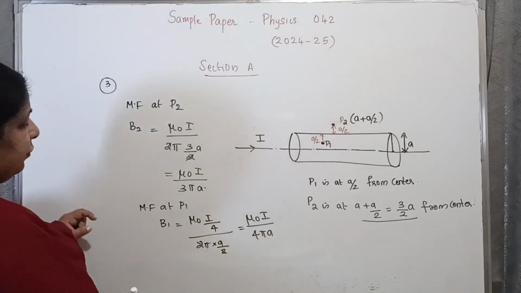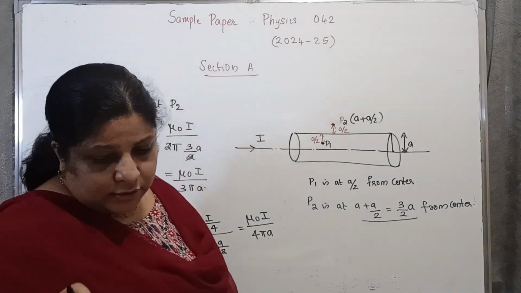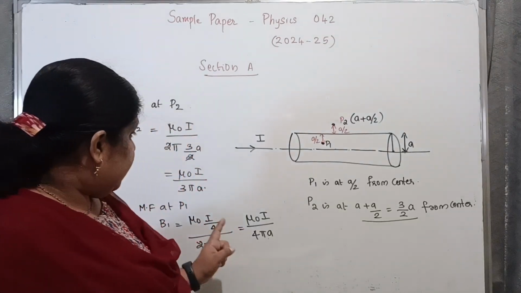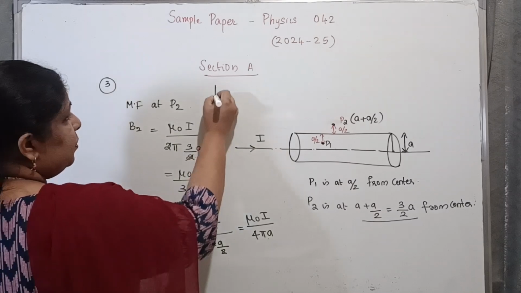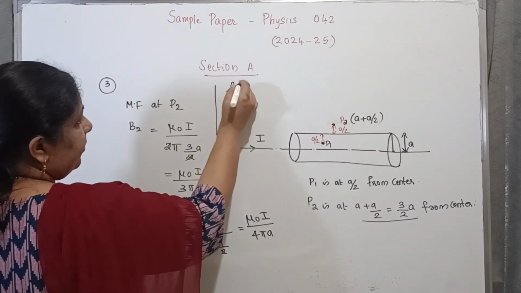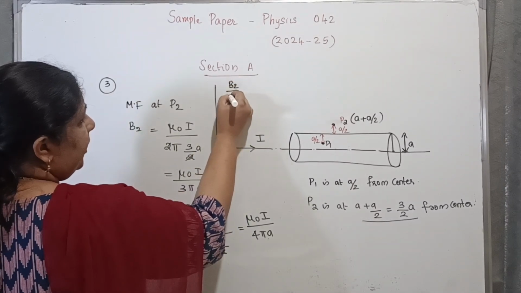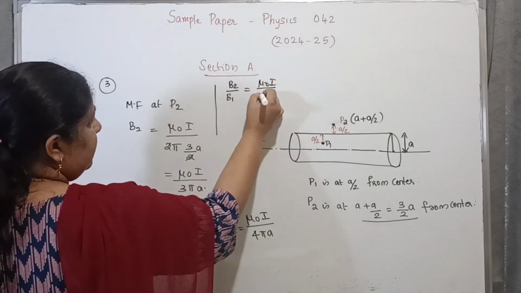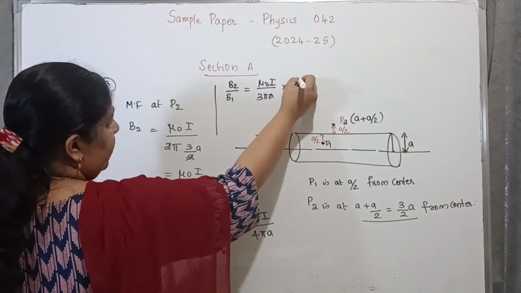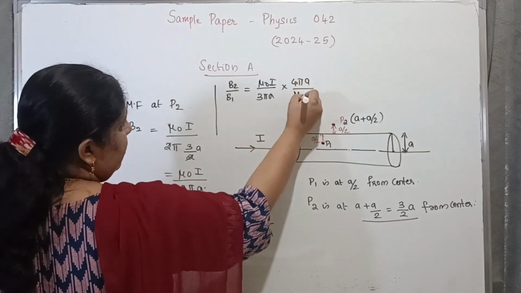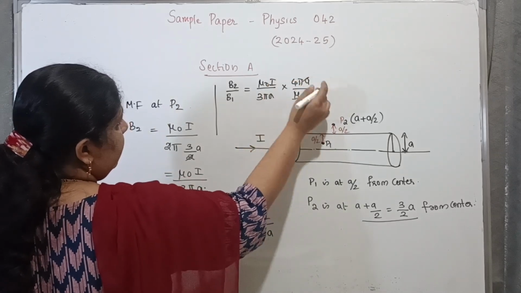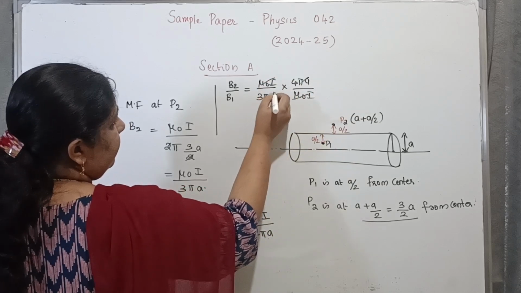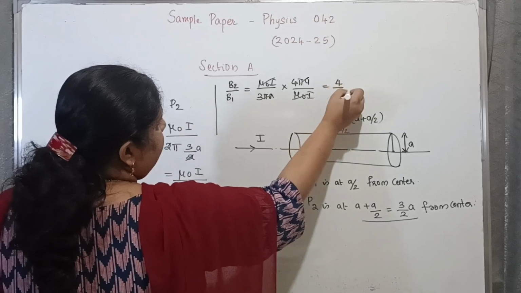They are asking us to find the ratio of B2 by B1. So finding the ratio B2 by B1, you will get mu 0 I by 3 pi a into 4 pi a divided by mu 0 I, so you will get it as 4 by 3.